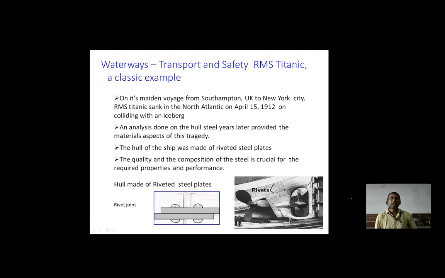Obviously, as from the beginning we are saying, for any product which is going to be produced or designed, the requirements, properties and materials are very important things to be considered in designing any kind of product. This Titanic is also related to that.